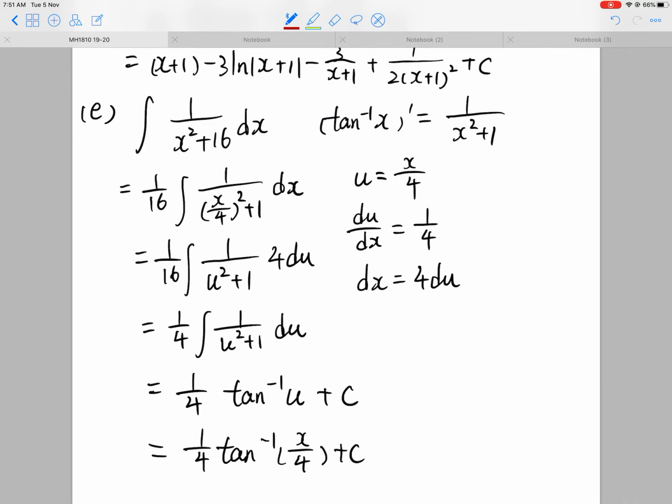Here we use a substitution, but if you see this type of integration over and over again, you can use the formula: the integration of 1 over x squared plus a squared is 1 over a tangent inverse of x over a, plus c.